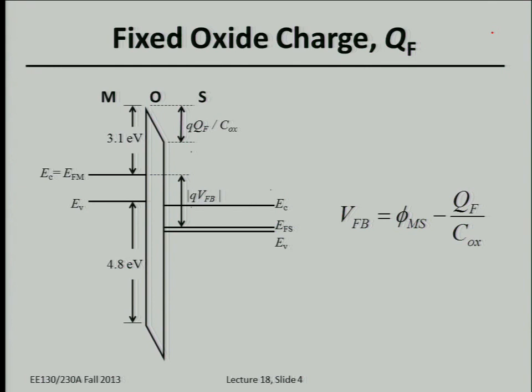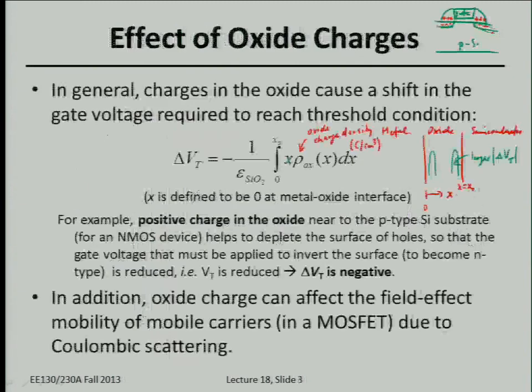Okay, so this is just the general equation. Fixed oxide, so let's go through the 4 types of oxide charge. The fixed oxide charge is always going to be located right at the silicon dioxide interface, at x equals x naught.